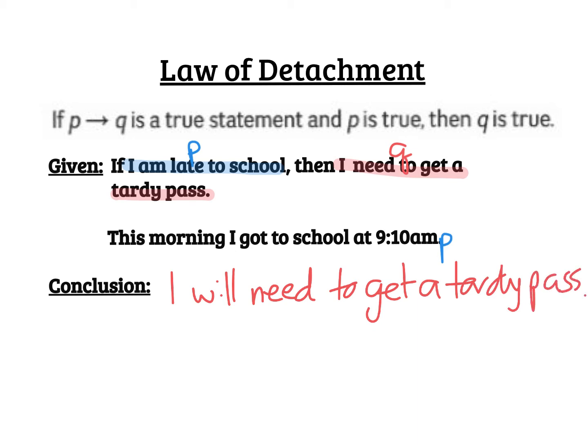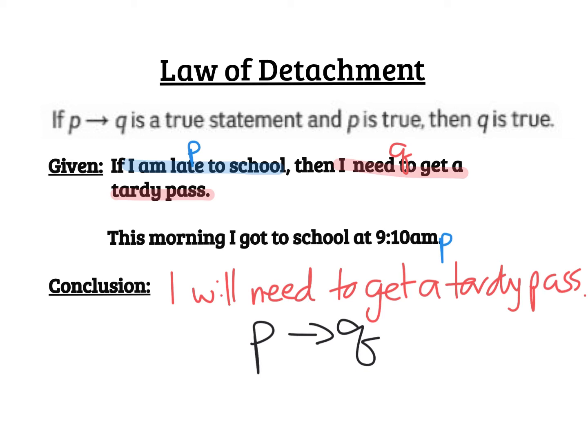I can go from P to Q. If this morning I got to school at 9:10 a.m., then I will conclude that I will need to get a tardy pass.